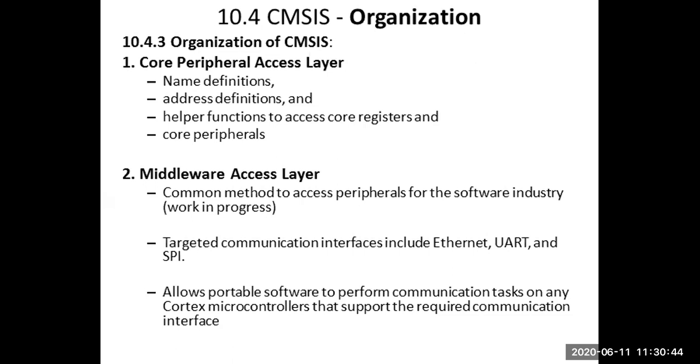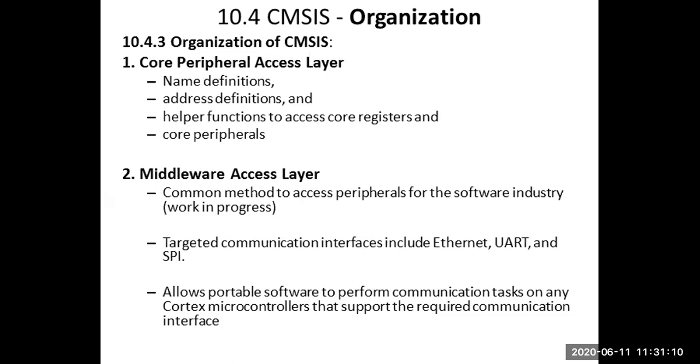If you are using memory, we need to give the starting address and the ending address, and size. For accessing the address, we will be using pointers. So for variables, we will be defining name definitions. When we are using pointer variables, we will be using address definitions.